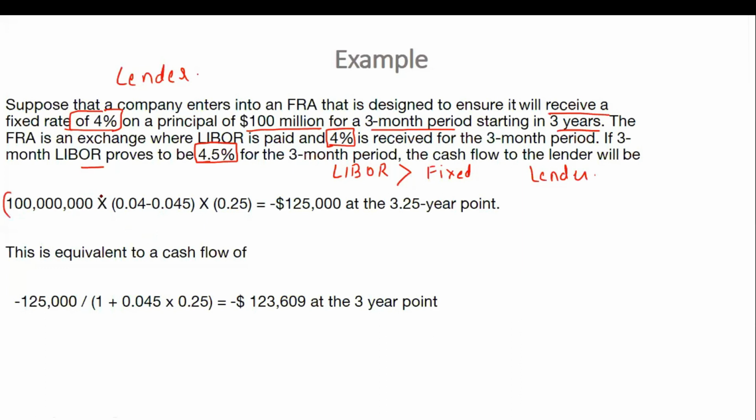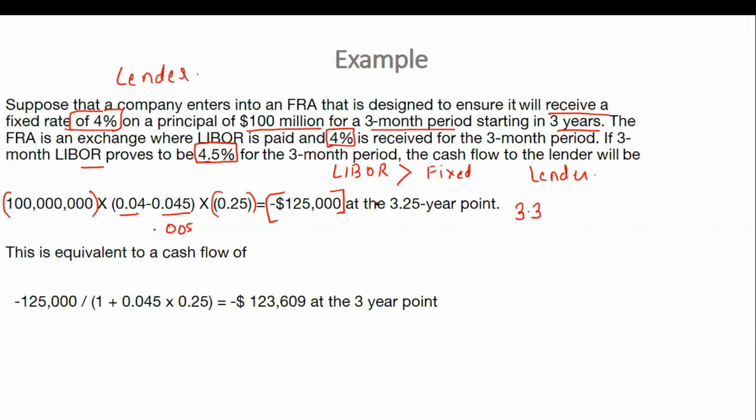So 100 million is your principal, and how much will you be paying? 4%, which is the contract rate, minus your LIBOR, that means 0.005, multiplied by the timeline. What is the timeline? 3 months, so this is your 1 quarter. So the lender will be paying, in 3.25 years, $125,000, right?